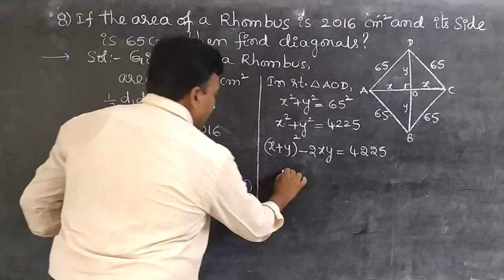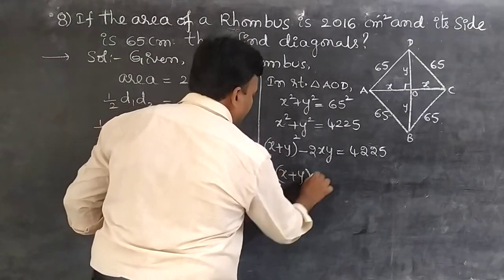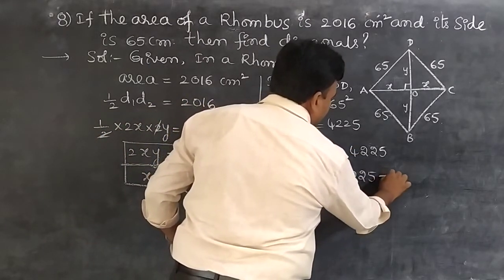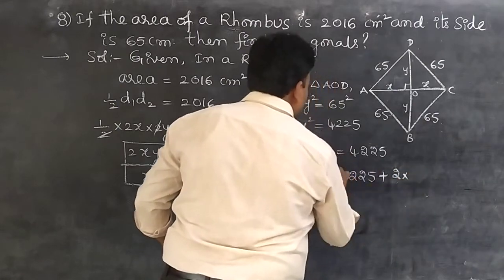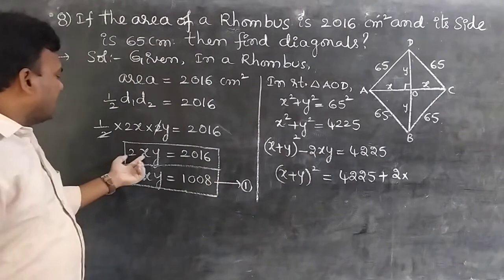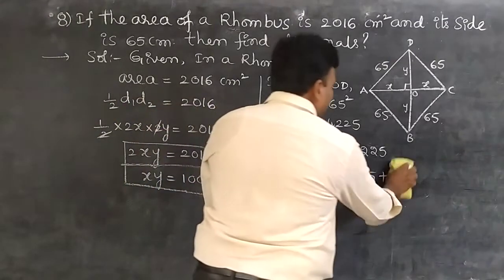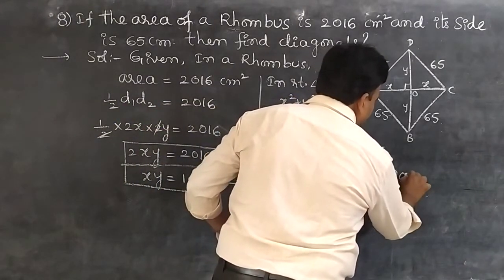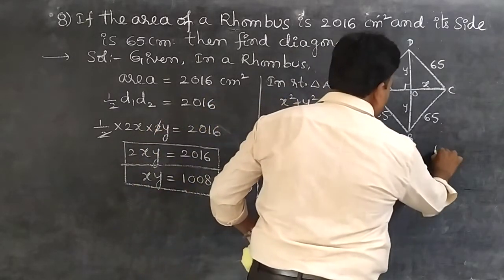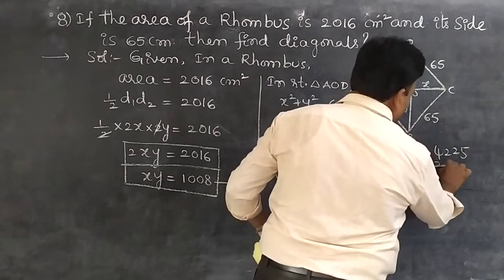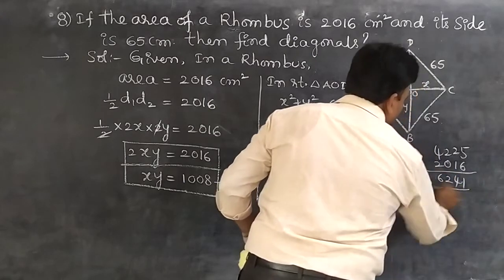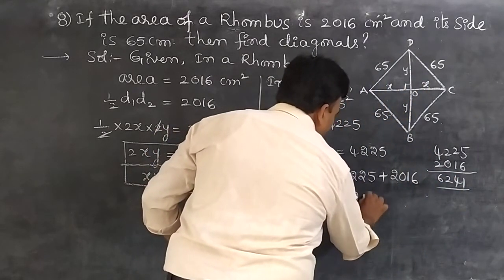So finally x plus y whole square equals 4225 plus 2 into xy value, or directly we take the 2xy value, 2016. So plus 2016. Observe carefully, this summation 4225 plus 2016 is 6241.